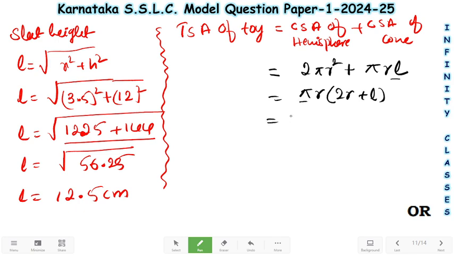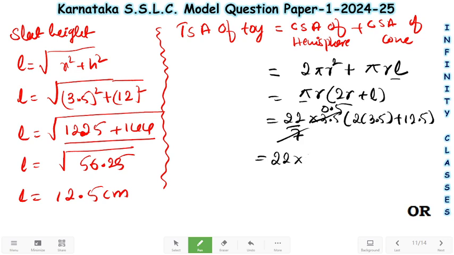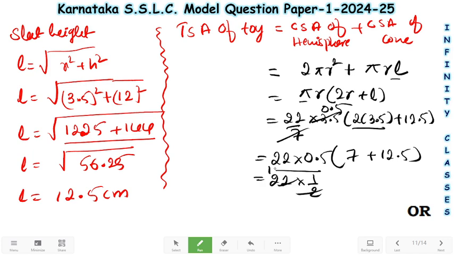Then 2 pi means 2 into 22/7, R means 3.5, so 2 into 3.5 plus L means 12.5. 7 ones are 7, 7 into 0.5 gives 22 into 0.5 into the bracket. 2 into 3.5 is 7, plus 12.5. 22 into 0.5 is 11. Then 7 plus 12.5 is 19.5.